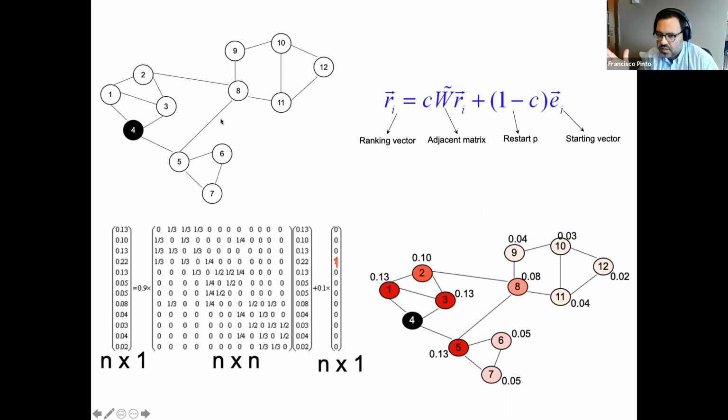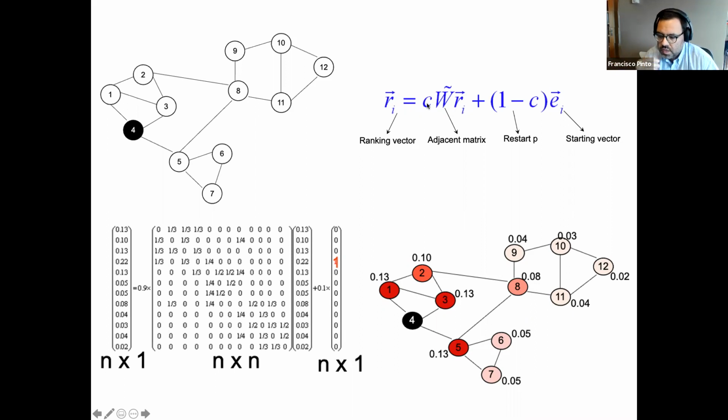Okay, so it's a balance. I want the random walk to visit almost all parts of the network, to have an effective ranking for all the network nodes, but with the minimum damping factor that allows me to have a ranking that goes all through the network, but still is not close to the degree vector.